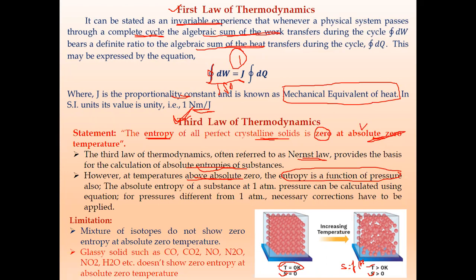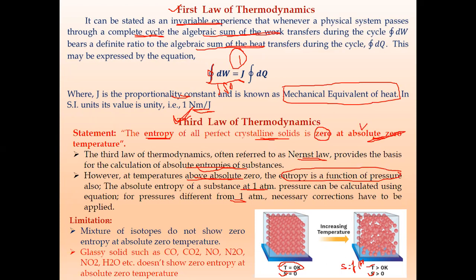The absolute entropy of a substance at atmospheric pressure, that is at 1 atmosphere, can be calculated by using an equation. So for a pressure difference from 1 atmosphere, the necessary correction has to be applied.